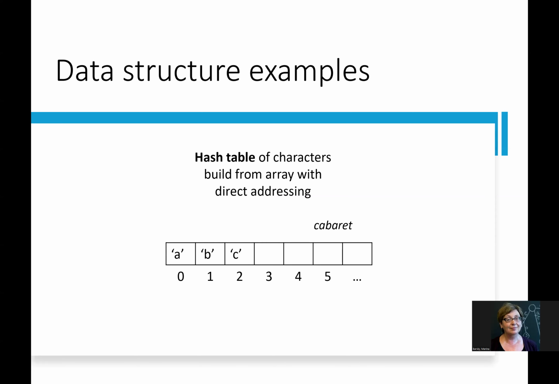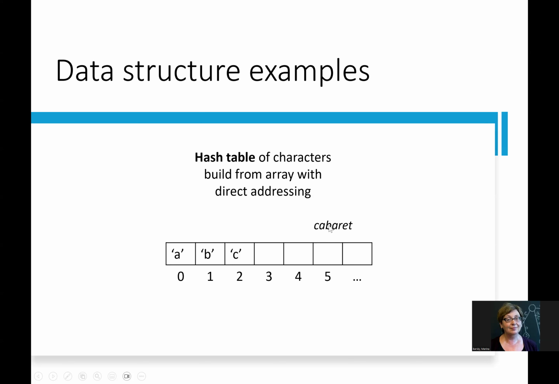So when we see character C, we mark the position 2 of the array, which corresponds to character C. When we see character A, we mark the first position of the array, assuming that our characters are marked starting from 0.